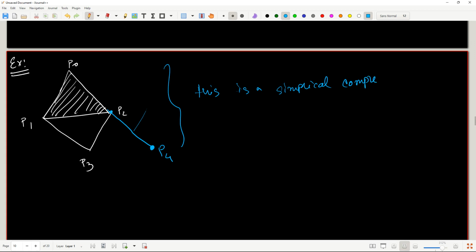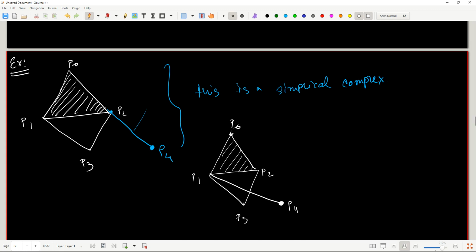Now if I draw the same thing again, with P0, P1, P2, P3, and this time P4 connected with P1 like this, this is not a simplicial complex.